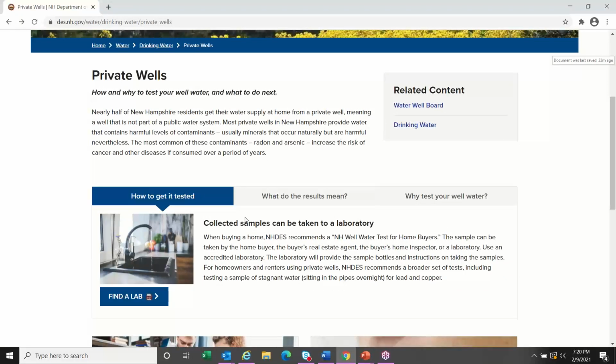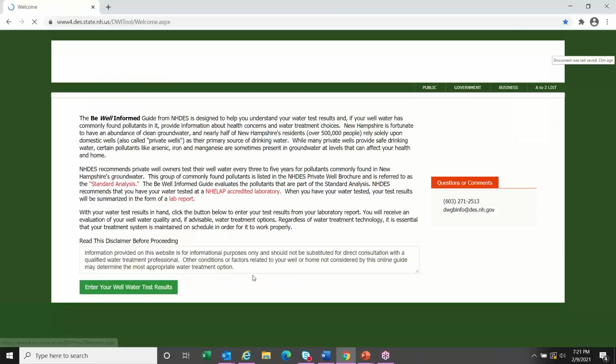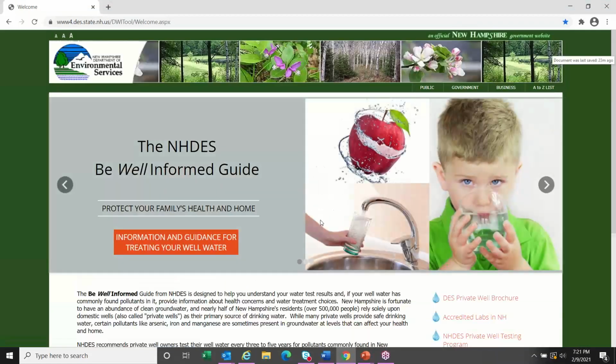Back to the private well page. So this tab here in the middle, what do the results mean? If you click on that, and then click on Be Well Informed, that will bring you to the Be Well Informed guide.